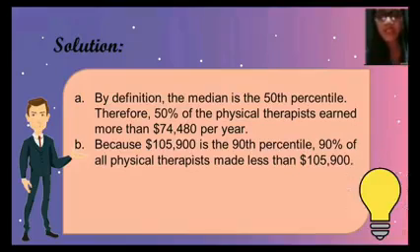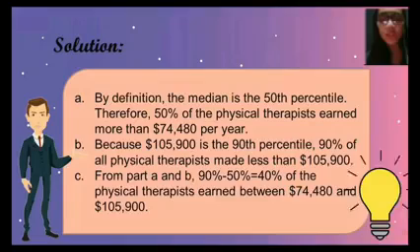Then the last ask in the problem was what percent earned between $74,480 and $105,900. In finding that, we will be subtracting the 50th percentile from the 90th percentile, so we find the percent in between them.